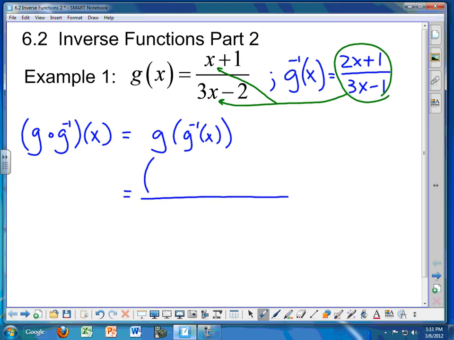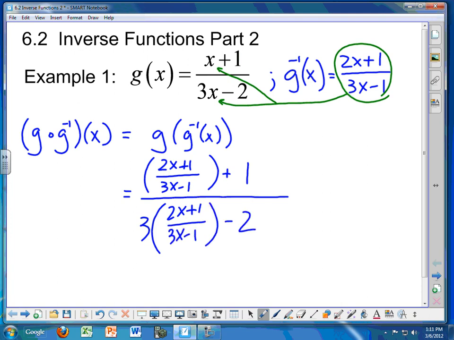Instead of an x plus 1, we're just going to get this blob, 2x plus 1 over 3x minus 1, that being g inverse. And then the denominator has a 3 times 2x plus 1 over 3x minus 1, and that's going to be minus 2, as you see from this denominator over here.